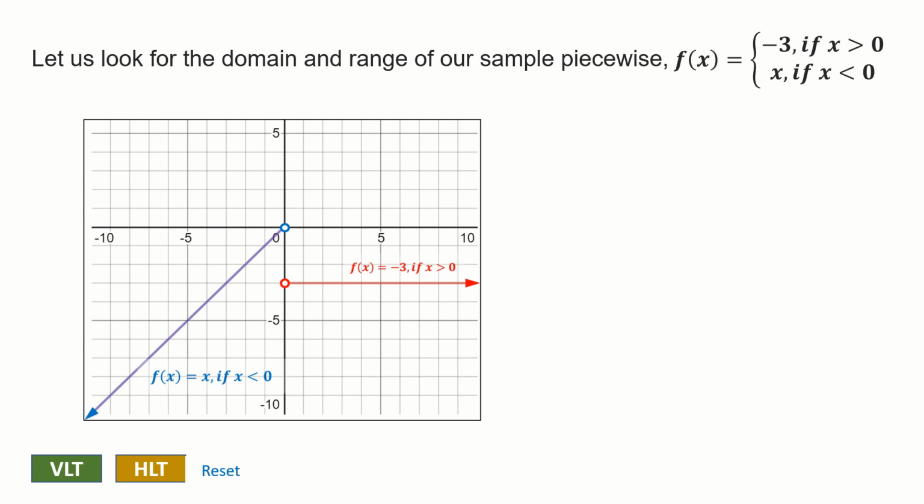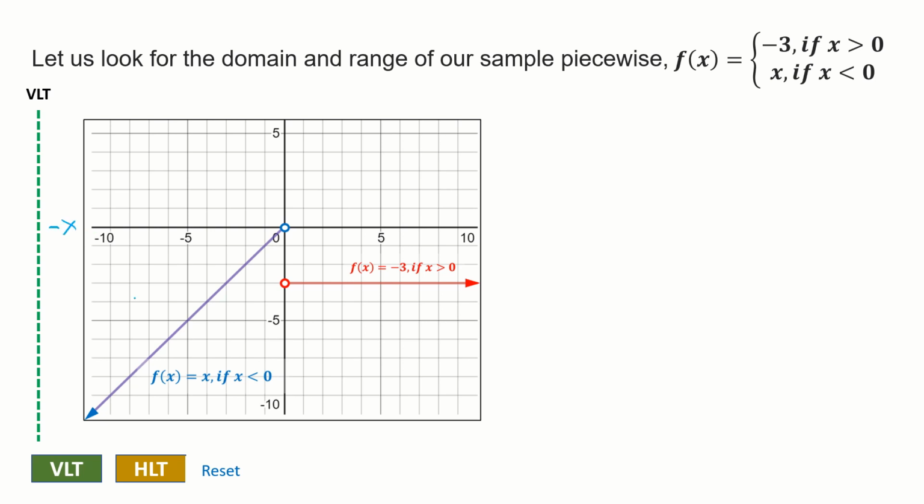So if we use the VLT, for the domain of this piecewise function, the vertical line will start from the negative infinity of x.